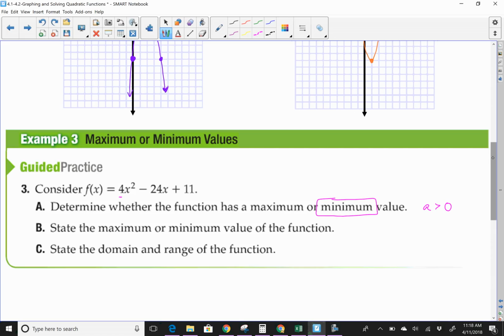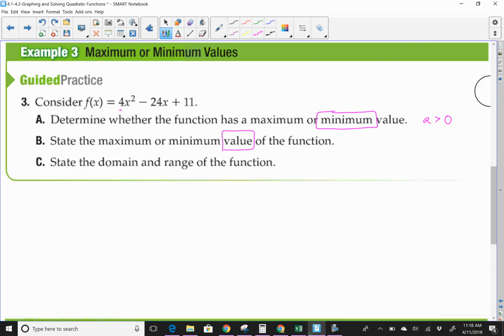State the maximum or minimum value, okay? And this is that key thing here. They want the value. That means that is the y-coordinate of my vertex. So that means I've got to go find my vertex, negative b over 2a, and that's going to be 24 over 2 times 4, and that, of course, is 3. And then I'm going to go plug in f of 3.